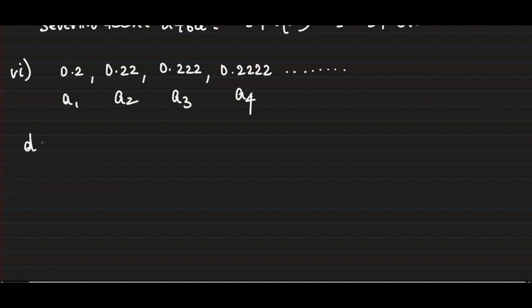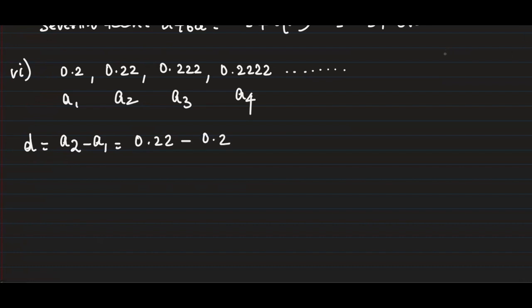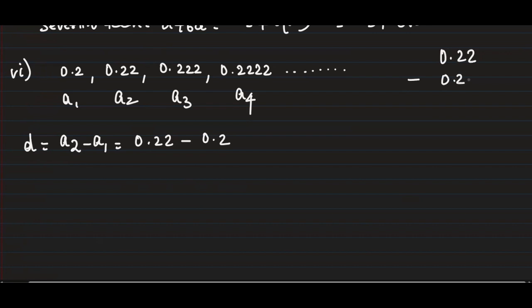So I'm going to find D. D is equal to A2 minus A1. So A2 here is 0.22 minus A1, which is 0.20. 2 minus 0 is 2, then 2 minus 2 is 0. So for the first one, we got the D value as 0.02.